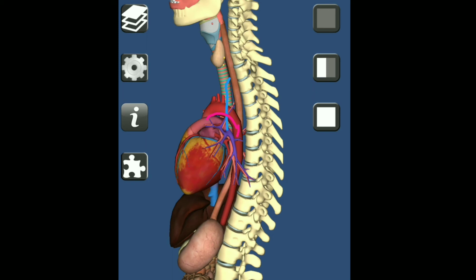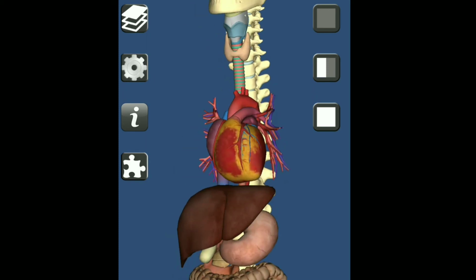So the arch of aorta basically crosses the esophagus on the left side, and then it is present posterior to it. So hence we say that the posterior relationship of the thoracic part of the esophagus includes the descending thoracic aorta. Okay, now we come to the right and left side of the thoracic part of the esophagus.